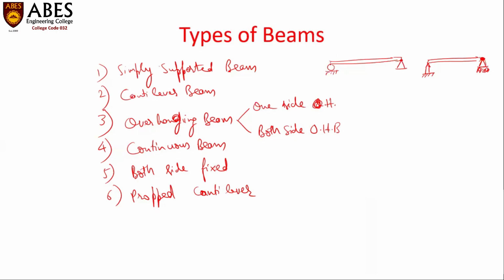So clearly there will be one reaction from the roller support and one or two reactions on the hinge support. One of these two reactions may be zero, which depends upon the external force.